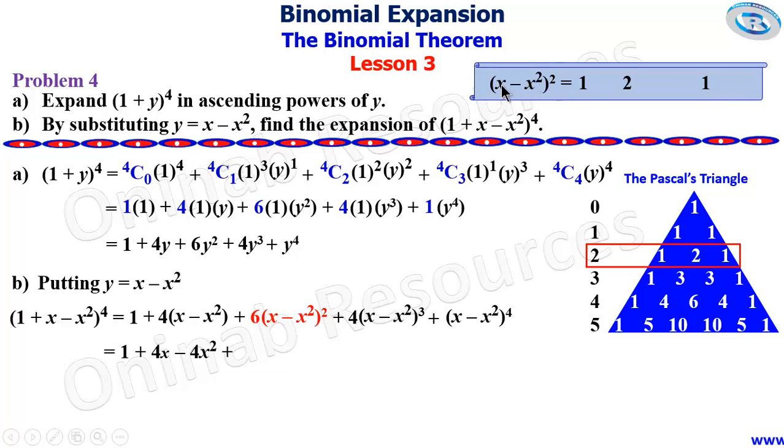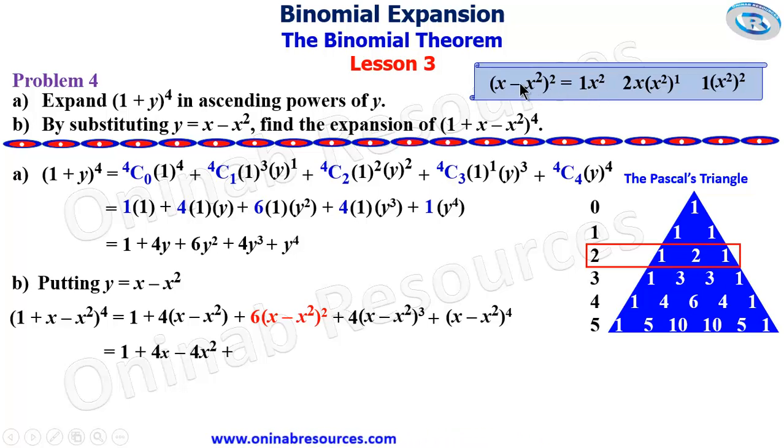The first term in the bracket is x. It takes the highest power. So we have x squared. It reduces by 1. We have x. So there's nothing here. Then the second term, which is x squared, we have the highest power from behind. So we have x squared to the power of 2. Then x squared to the power of 1.